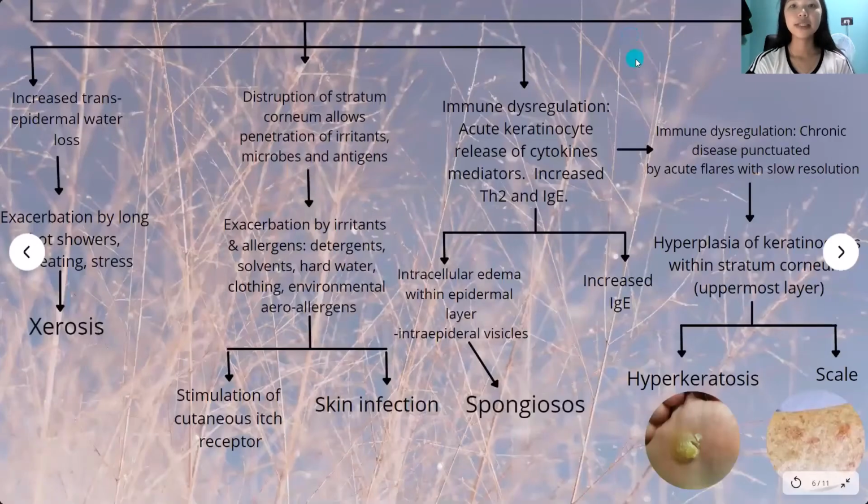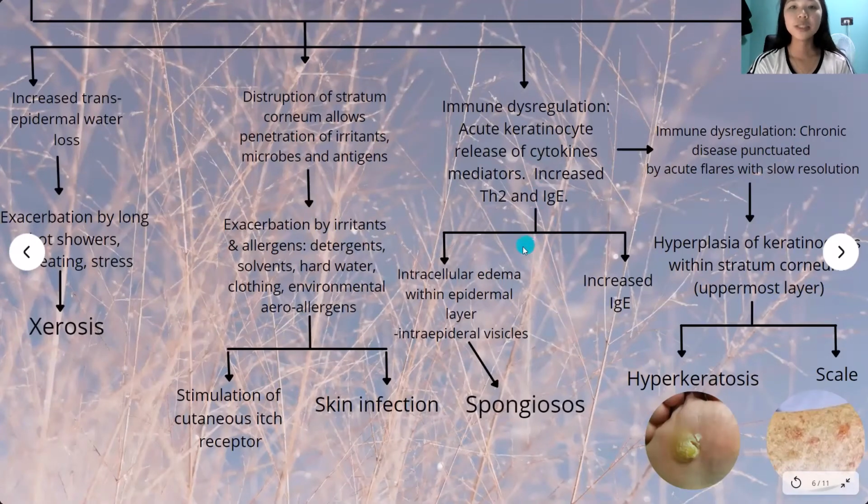Third is the immune dysregulation. Acute keratinocyte release of cytokine mediators increases type 2 helper T cells and immunoglobulin E, resulting in immune dysregulation and chronic disease punctuated by acute flares with slow resolution, leading to hyperplasia of keratinocytes within the stratum corneum, causing hyperkeratosis or scale.